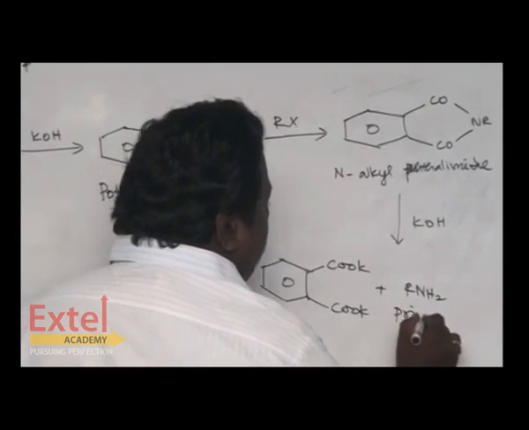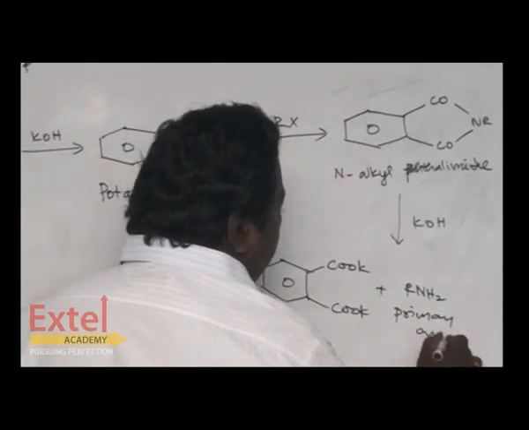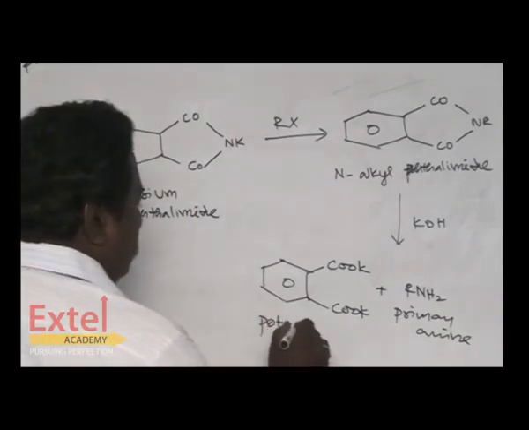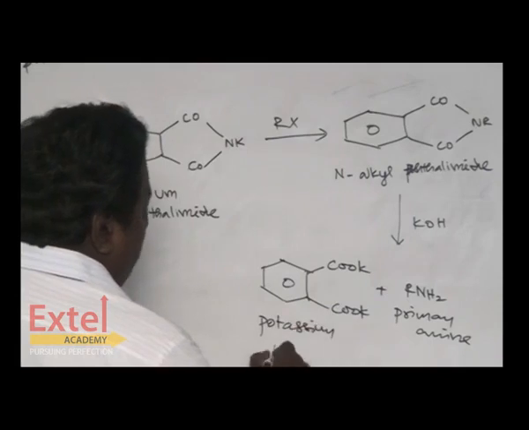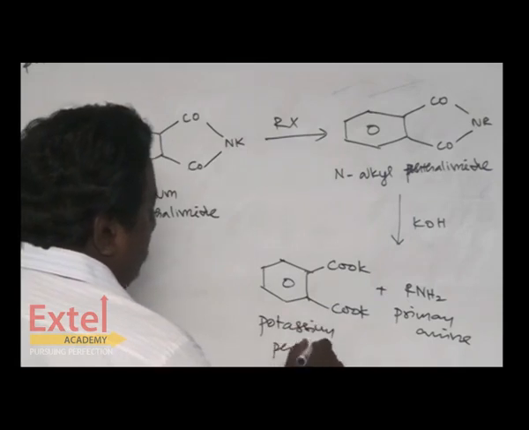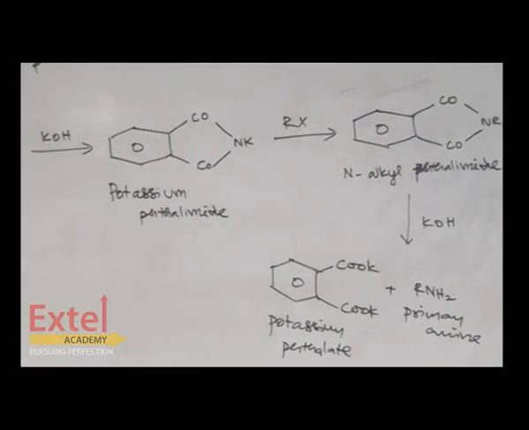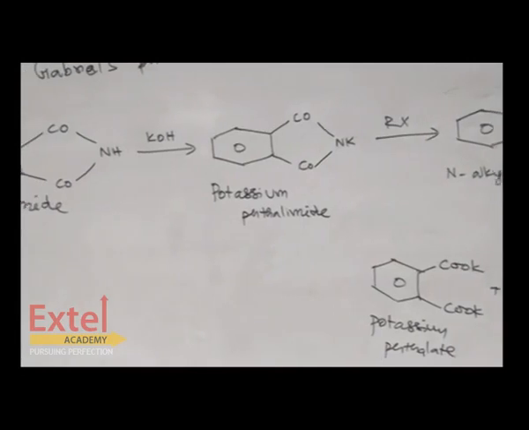You have got a primary amine, and the last compound is called potassium phthalate. So this is called Gabriel phthalimide synthesis, a very important reaction in this chapter.